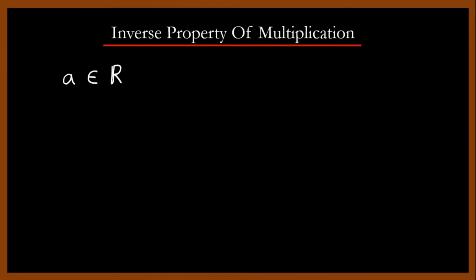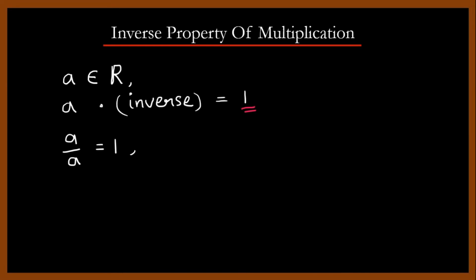The inverse property states that if a real number a is multiplied with its inverse, then we get the identity element as a result, where the multiplicative identity is 1. If a number a is divided by itself, we get 1.